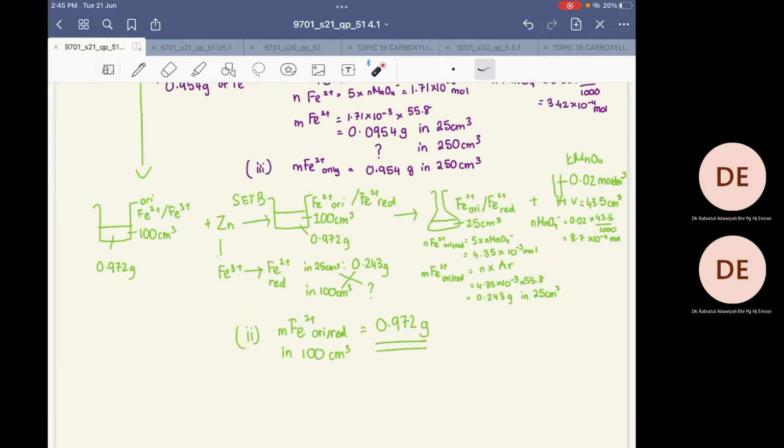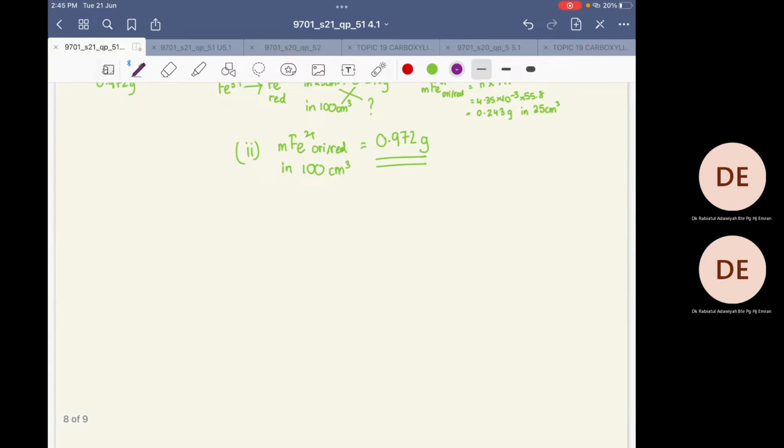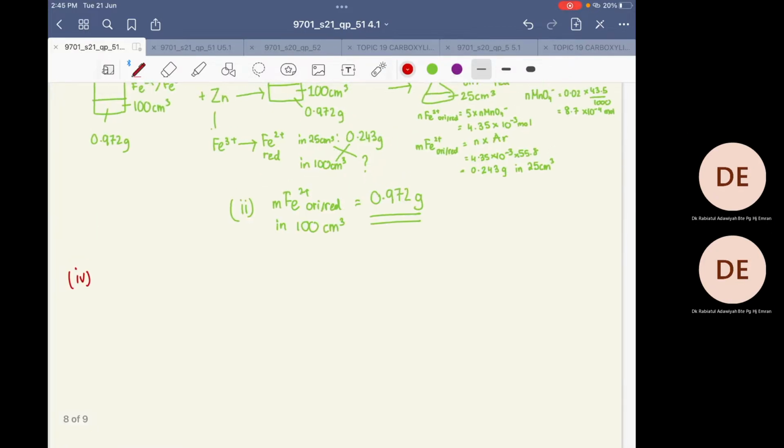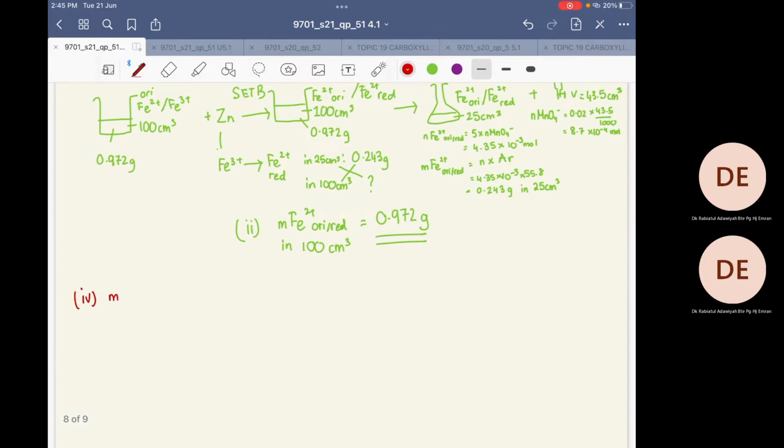That's part 4 of the question. What is the mass in 250 centimeter cube?